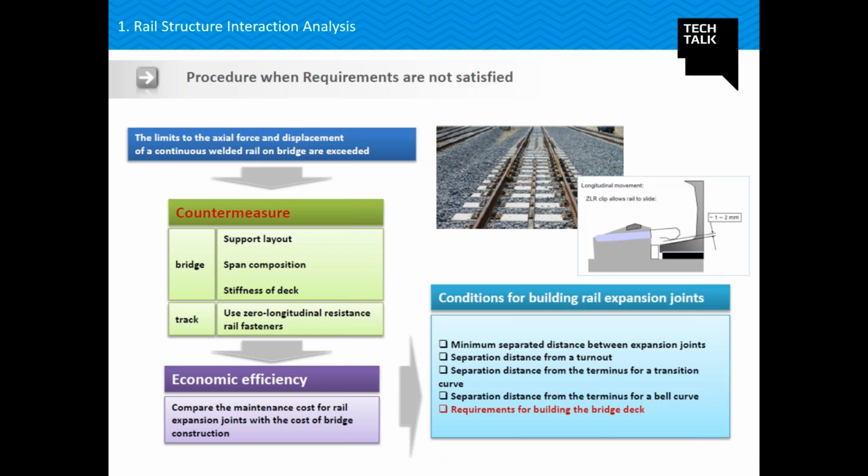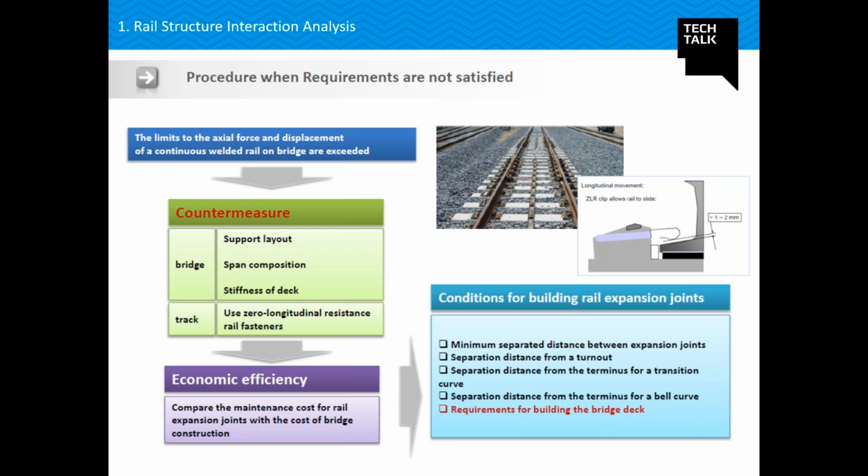Either I can change my fixed abutment to a free abutment and my free abutment to a fixed abutment, and here I will get some change in stress and serviceability criteria. Second, I can make both of my abutments fixed and my center pier free. So that is also an approach. Depending on various support conditions, I can find out and bring my stresses back within limits.